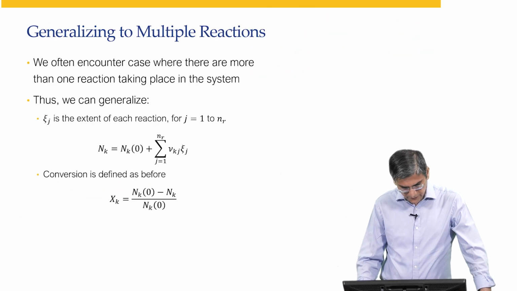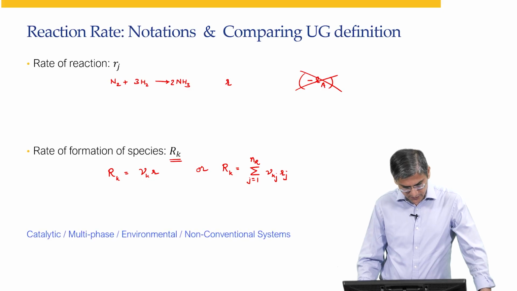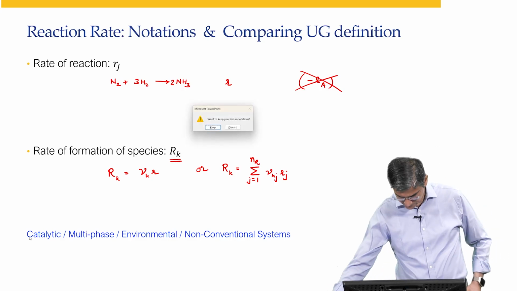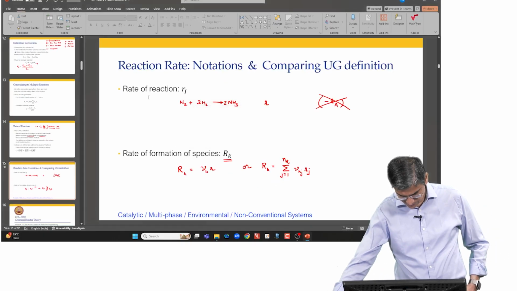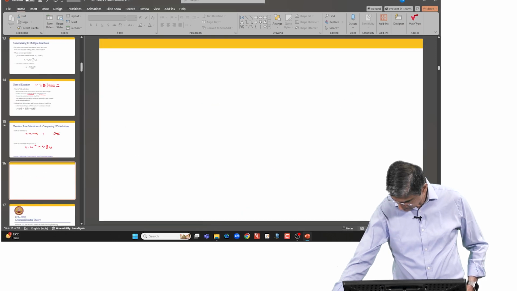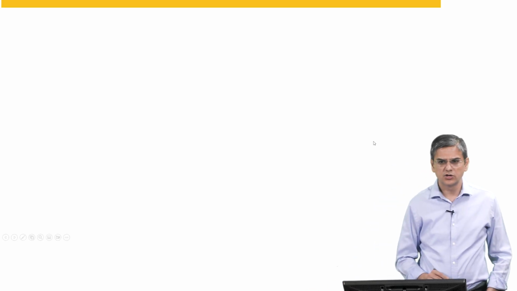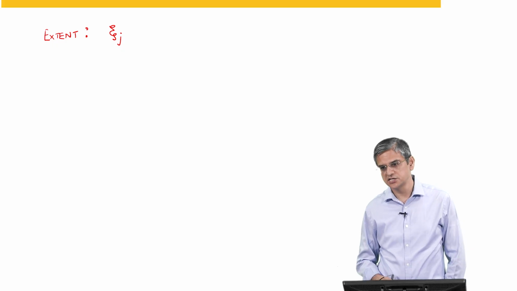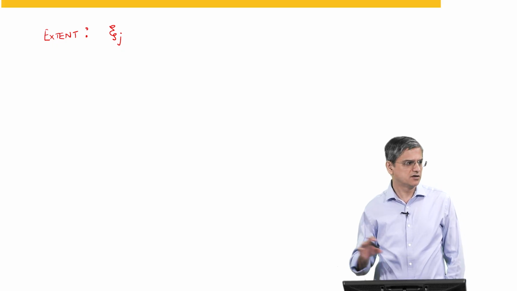Now, we have talked about extent, conversion and rate of reaction. They have their formal definitions, but overall we will use the concept of extent in the jth reaction in order to simplify our calculations.